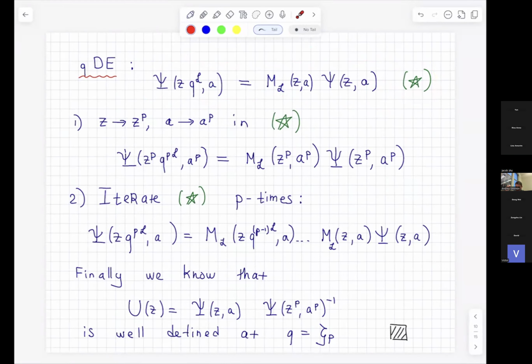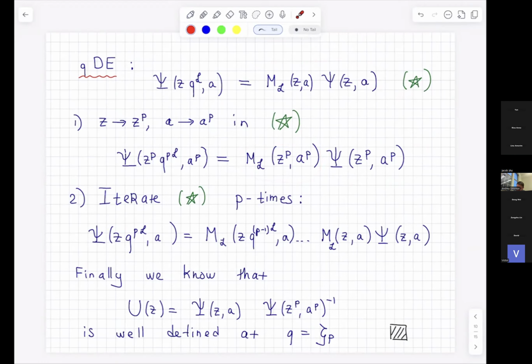First, we can just formally take this q-difference equation and raise all variables to the power p. Then you have this fundamental solution matrix in which all variables are raised to the power p, and it satisfies an induced q-difference equation with a matrix M in which also all variables are raised to the power p.